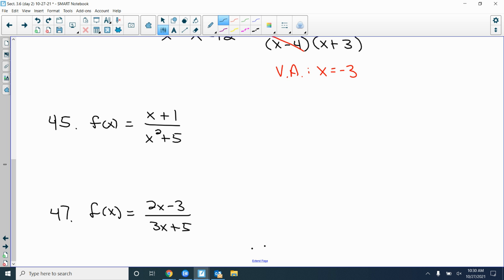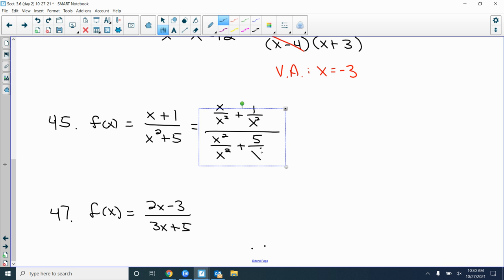All right, Matthew, remember what we said to do yesterday. You divide by the biggest degree. So the biggest degree here is x squared. We take each term: x divided by x squared, plus 1 over x squared, over x squared over x squared, plus 5 over x squared.